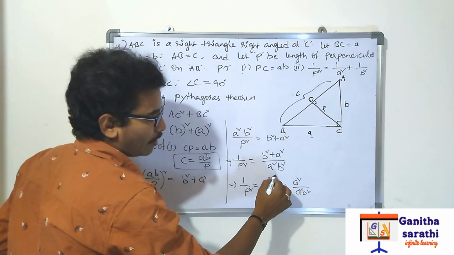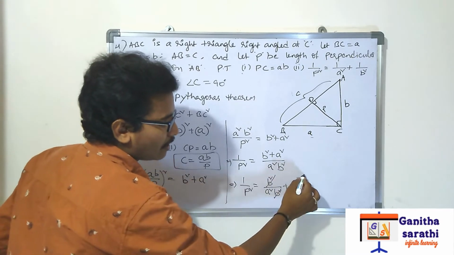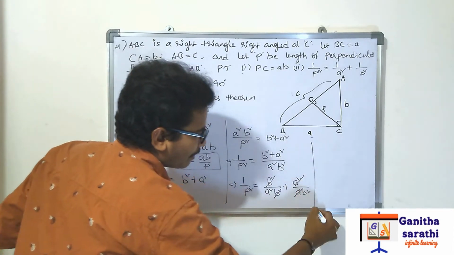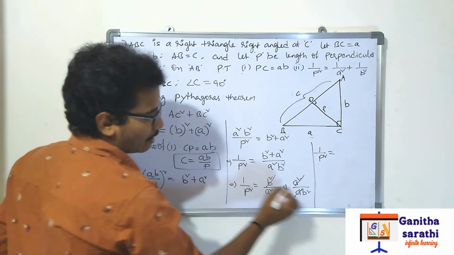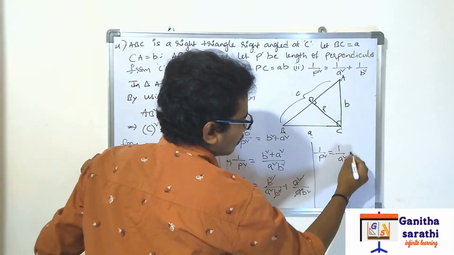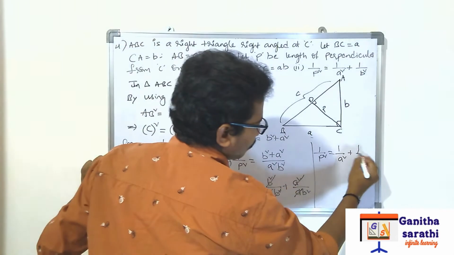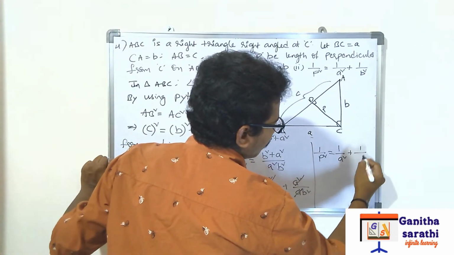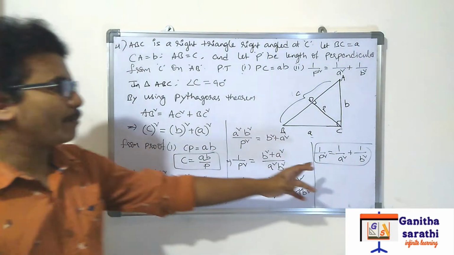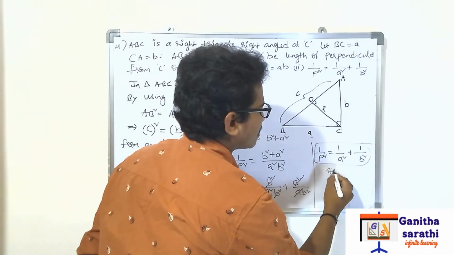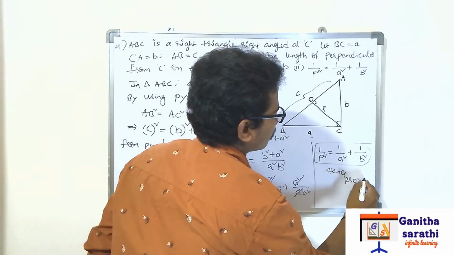Now we can cancel b square and b square, a square and a square. What is remaining? 1 by P square is equal to 1 by a square plus 1 by b square. That is our second proof.